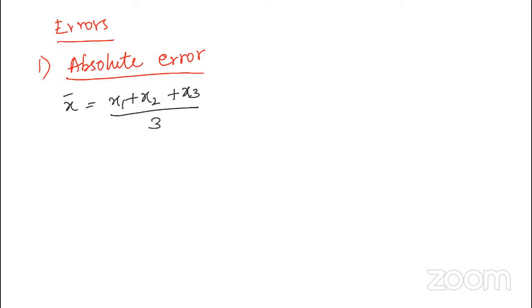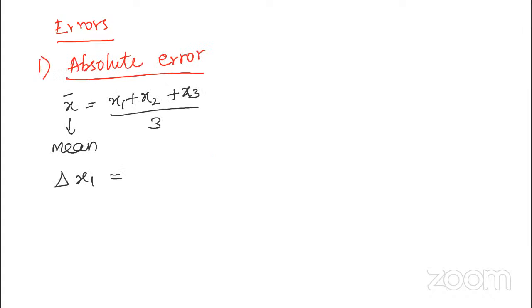Here x bar represents the mean value. So delta x1 is our error. To calculate the error value, we take the mean value minus the first value. So I simply have to write the formula alone.